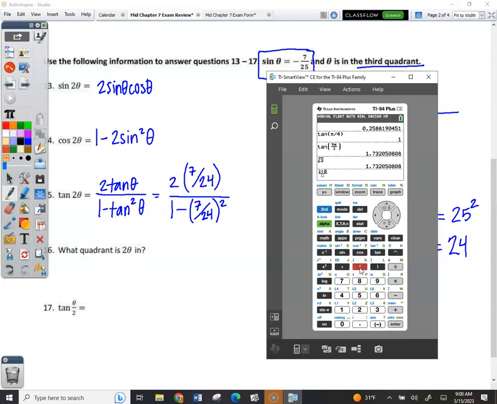So 2 parentheses, this is a way to type a fraction in. You know, parentheses, you just divide the numbers. 1 minus, all right, so look how I have it typed in. And that's the answer: 336 divided by 527. That's it.